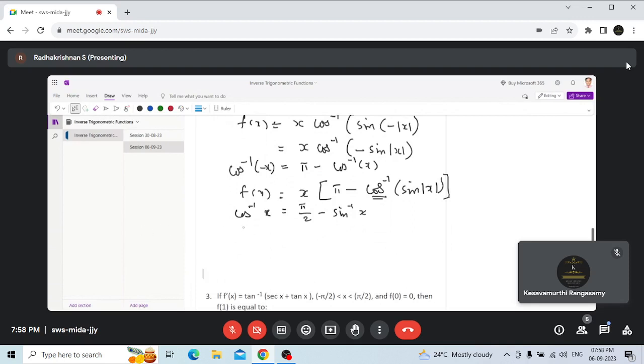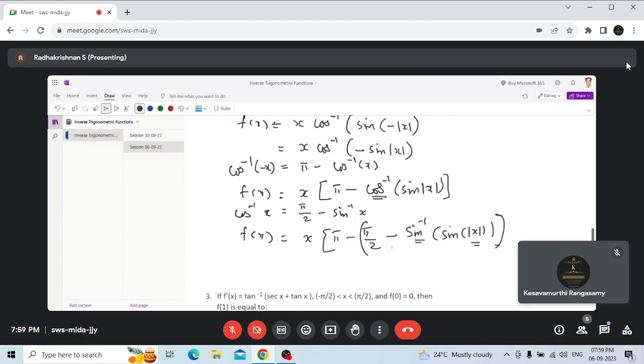That means again your f of x will be x into pi minus pi by 2 minus sine inverse of sine x bar. Okay. So this will be same as x bar, sine inverse of sine of x bar.